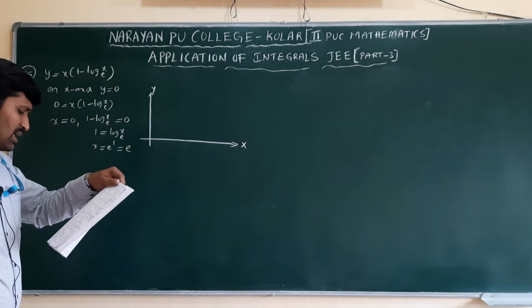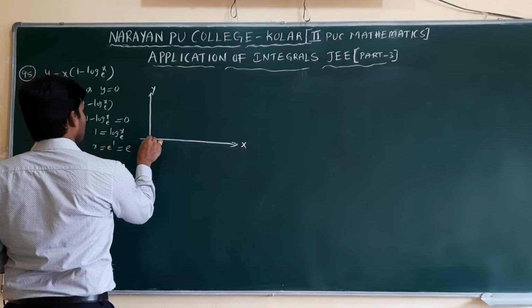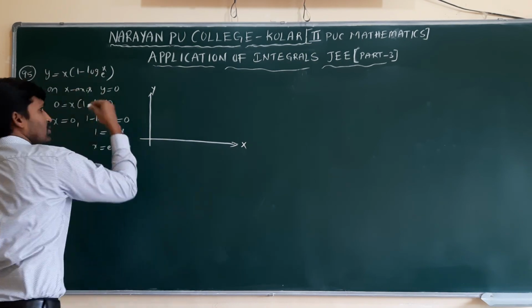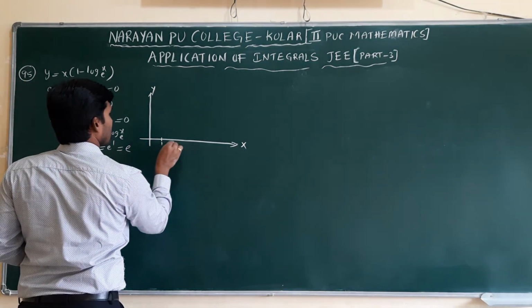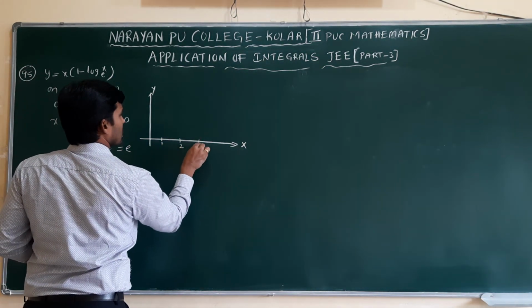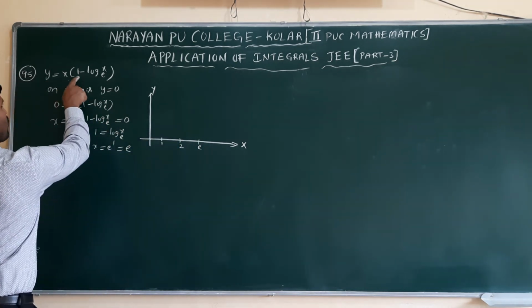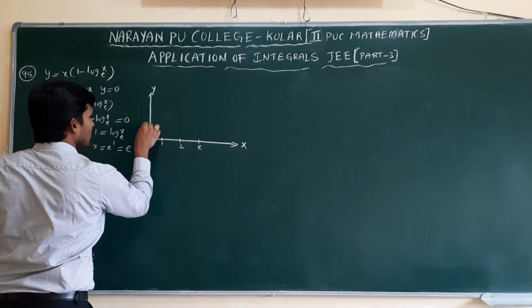Consideration-wise, from where to where do we have to take the values? If x value is 0, 0 into this log value, tending to 0, means 0 will come. If x value is 1, 1 into (1 minus log 1), log 1 value is 0, so you will get 1 only.